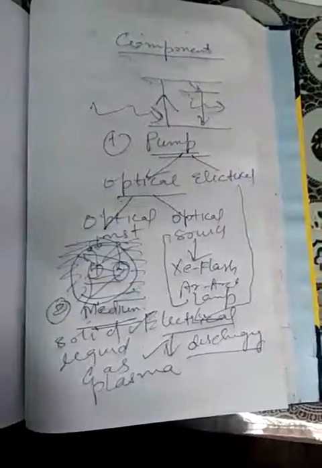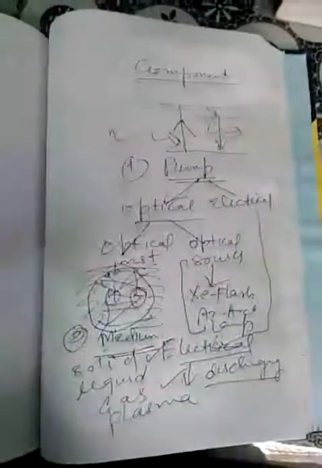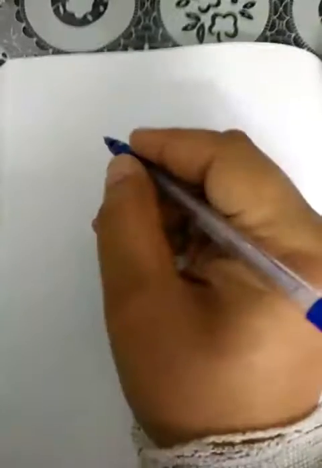Among solid and gas lasers, we have different lasers in our course. For solid lasers, we have ruby, semiconductor, and Nd:YAG lasers. Ruby is a crystal, semiconductor is a material made up of semiconductors, and Nd:YAG is again an alloy.